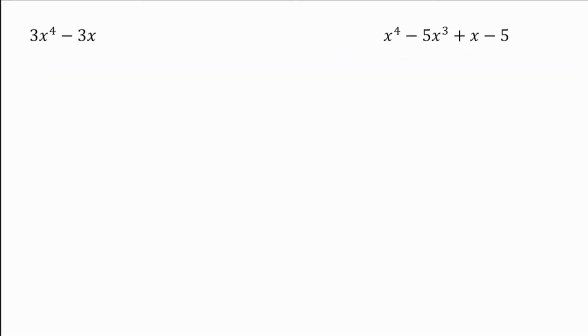And since we're still pretty new to this, I think I'm going to work both of these examples for you. So first one, it doesn't look like a difference of 2 cubes or a sum of 2 cubes, but I do see that it's got a greatest common factor of 3x. So I'm going to factor out that 3x, and I'll be left with an x to the 3 minus 1. And that is itself a difference of 2 cubes. So when you're new to it, you should copy down the skeleton every time.